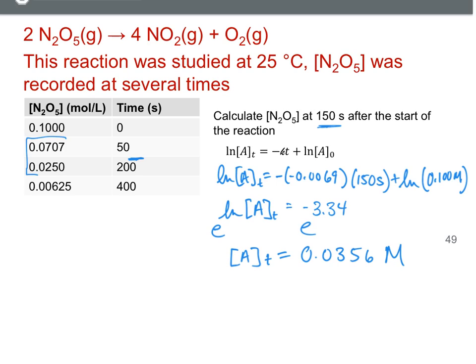Questions? Yes? Really quick, where's the 0.0069 from? Oh, that's from the previous slide. We got our rate constant from the plot. Other questions? The slope is minus k, and we have a negative here, so it cancels out.